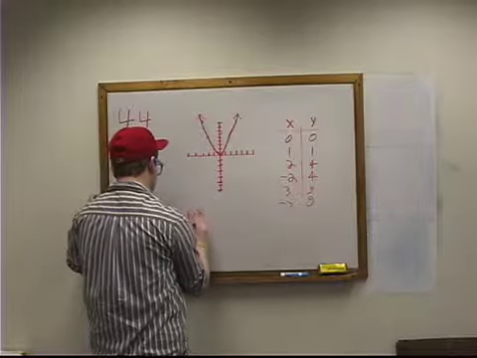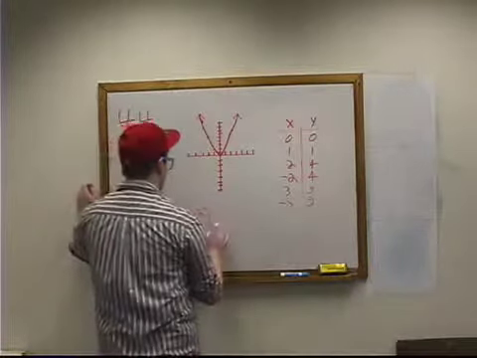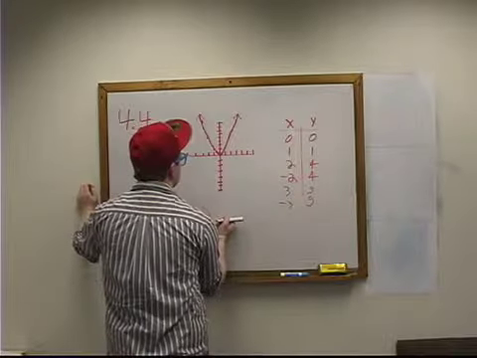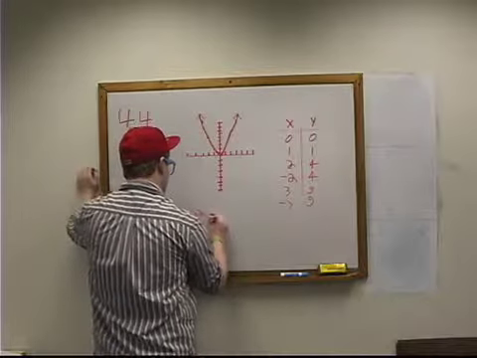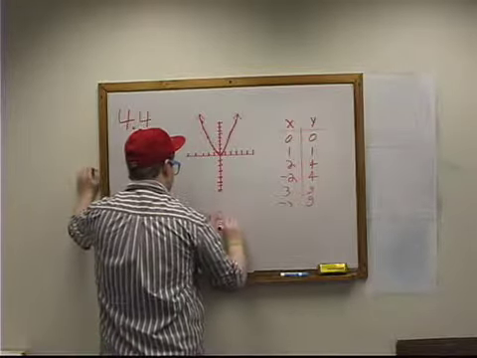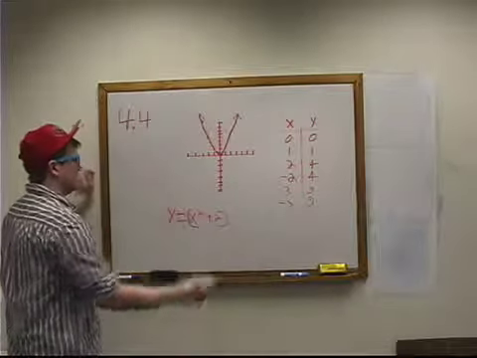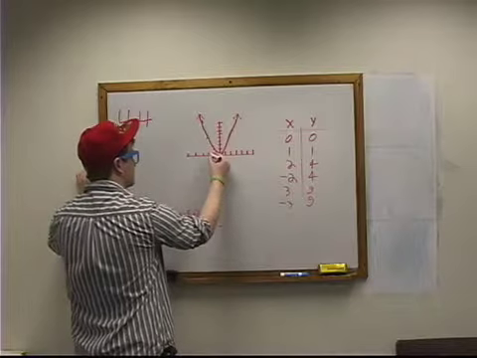So, put this in parentheses, and then inside the parentheses, we will add plus 2. Now, we move the parabola to the left 2, 1, 2.